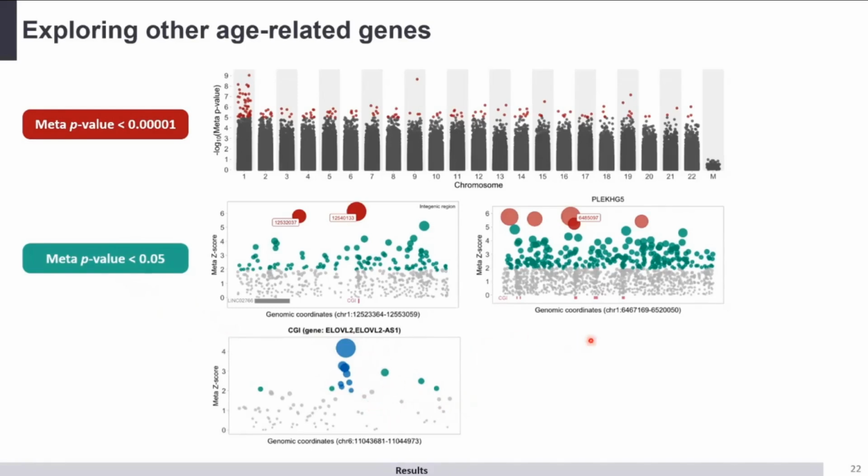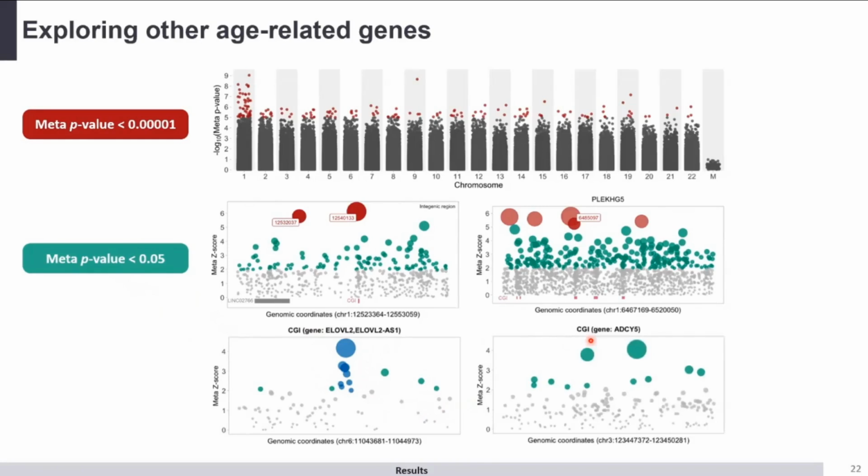Last but not least, we explored other CpG islands in our dataset to identify new sites with potentially comparable predictive values. For instance, within the CpG island in this ADCY5 gene, we discovered some promising sites that could be useful for age prediction.